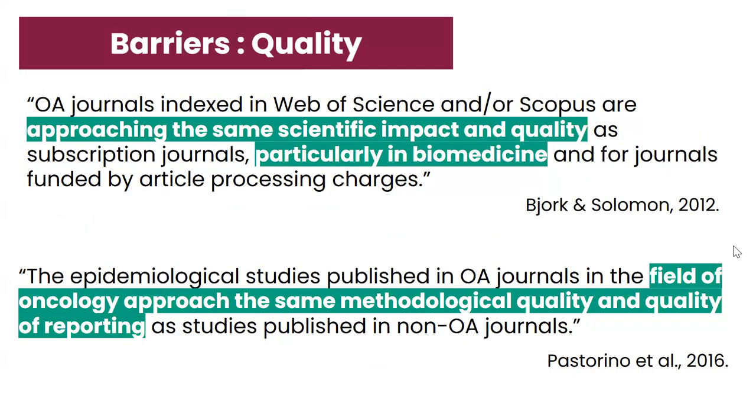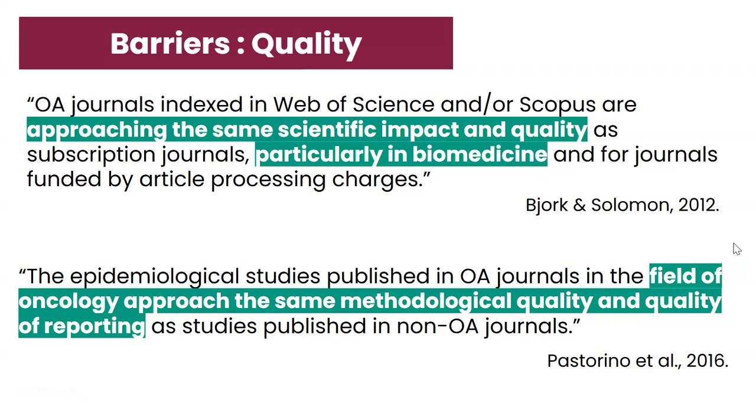So, while the Bohannon study highlighted challenges in open access publishing, studies of reputable open access journals show a very different picture. Research such as Bjork and Solomon in 2012 and Pastorino in 2016 demonstrate that open access journals indexed in databases like Web of Science and Scopus were already approaching the quality and impact of subscription based journals.